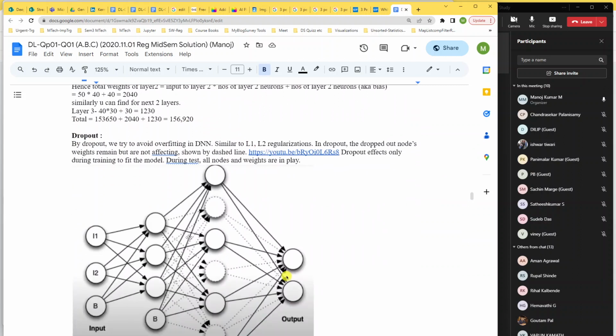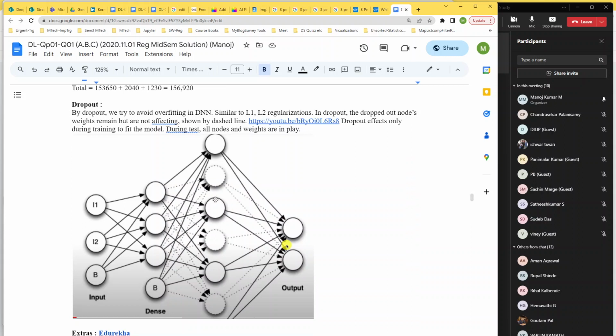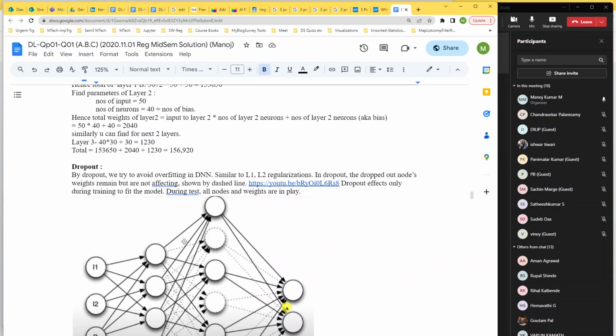The training set data will be learned by the system model, and when you give the test data, it will suffer because it has overlearned. So what you are doing with dropout is cutting off many of the neurons so that the model becomes less complex, a simple model. For each iteration it will cut off a particular subset.